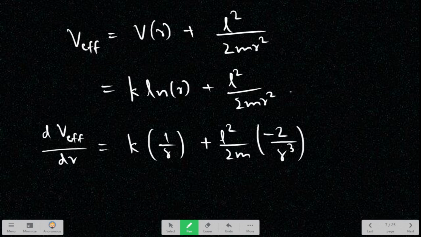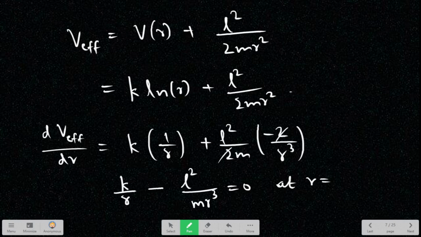For circular orbit, we set this equal to 0. So k by r minus, 2 cancel, L square upon mr cube is equal to 0 at r equal to capital R for circular orbit.